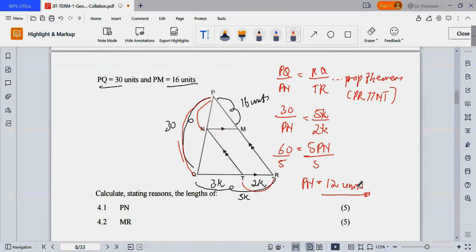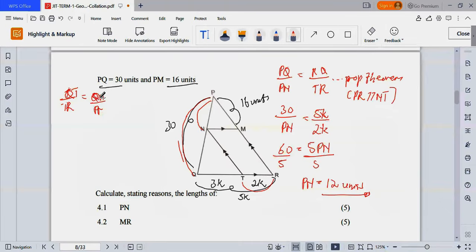So another way you could have calculated this is to identify that the ratio of QT over TR is actually in the same proportion as QN over PN.